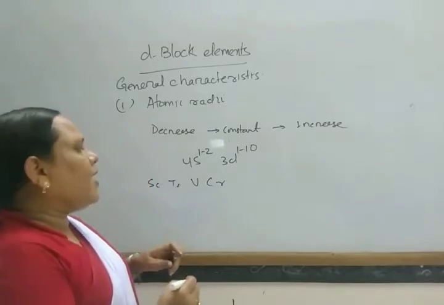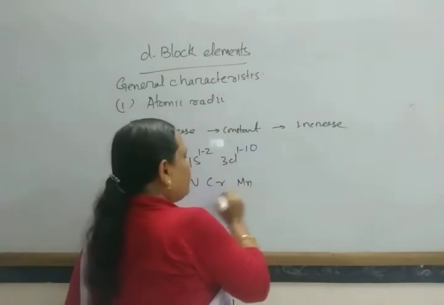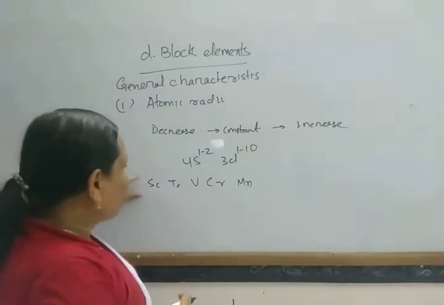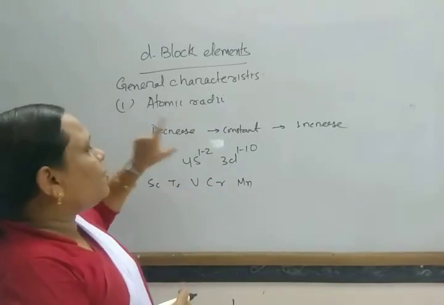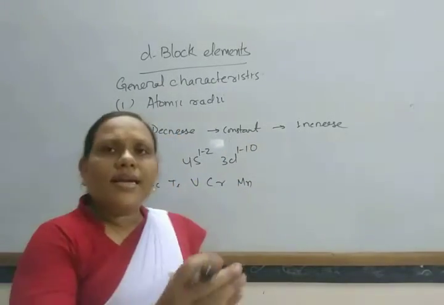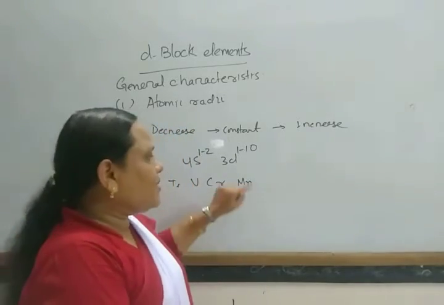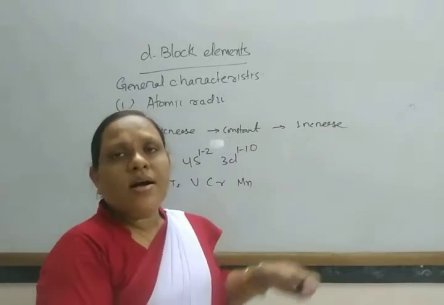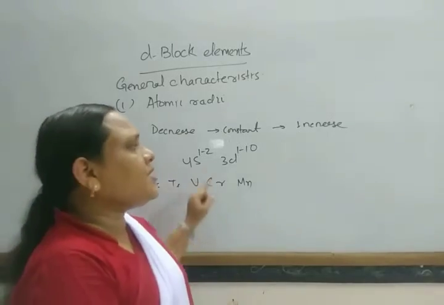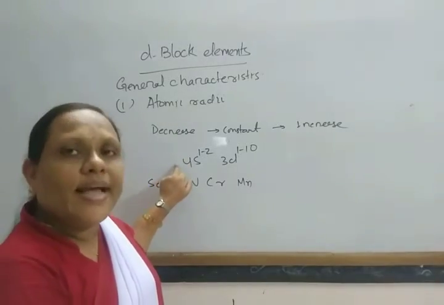Then manganese also, with the same number of d electrons as chromium, first decreases due to increase in nuclear charge. After that, in the d orbitals electrons get progressively paired, so electronic repulsion takes place. Another thing, the d orbitals shield the outermost s electron.